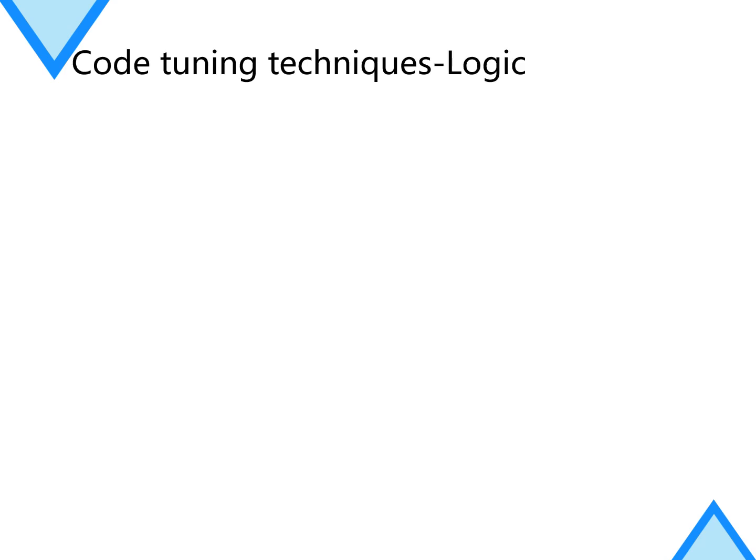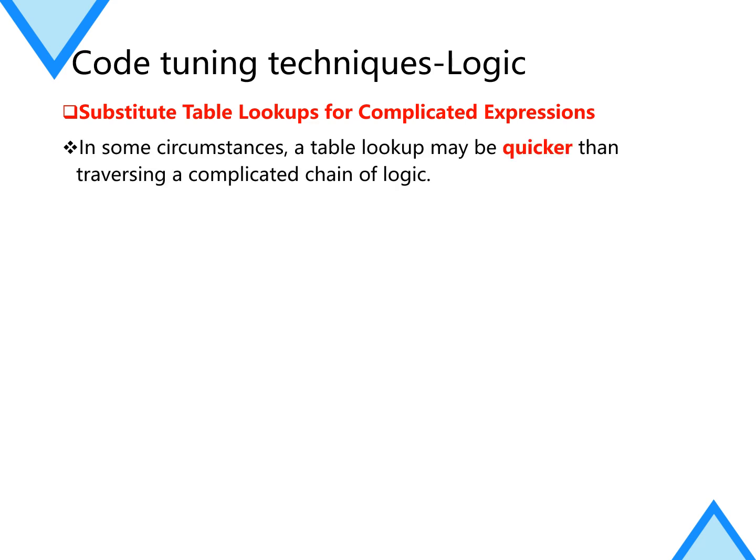Another code tuning technique related to logic is converting a complicated expression to lookup tables, that is, substituting table lookups for complicated expressions. In some circumstances, a table lookup may be quicker than traversing a complicated chain of logic.